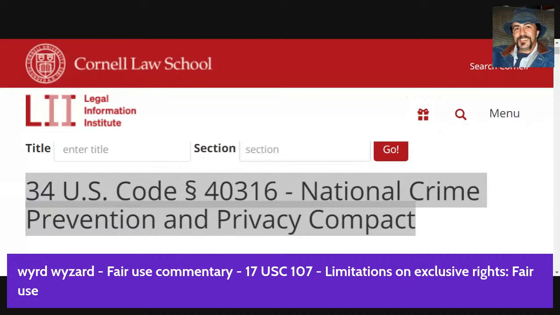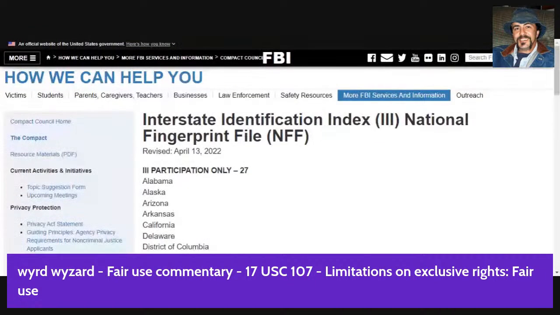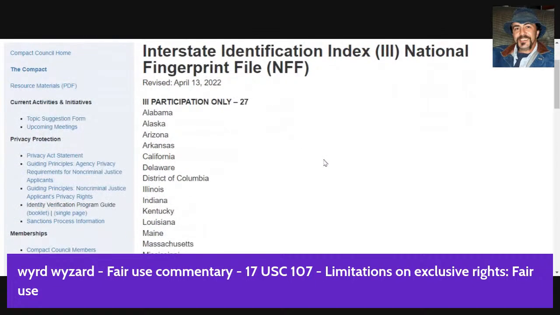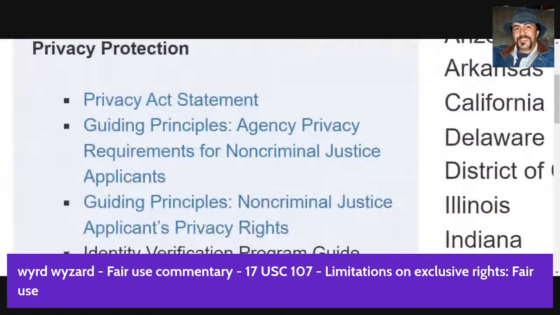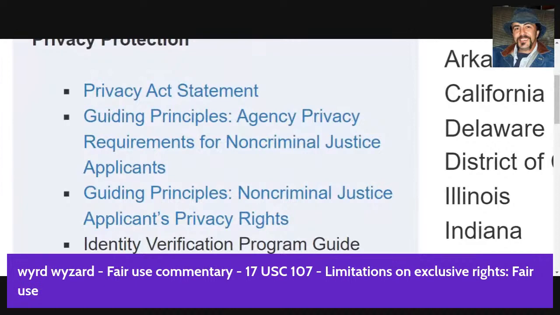And then we're going to go on to the next one. And the reason I say that about the public education system is because of what's known as the Interstate Identification Index. Under the Interstate Identification Index, we have the Privacy Act statement.